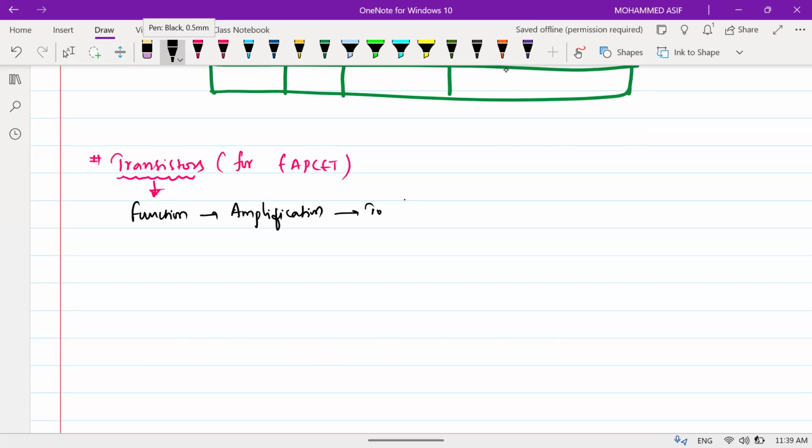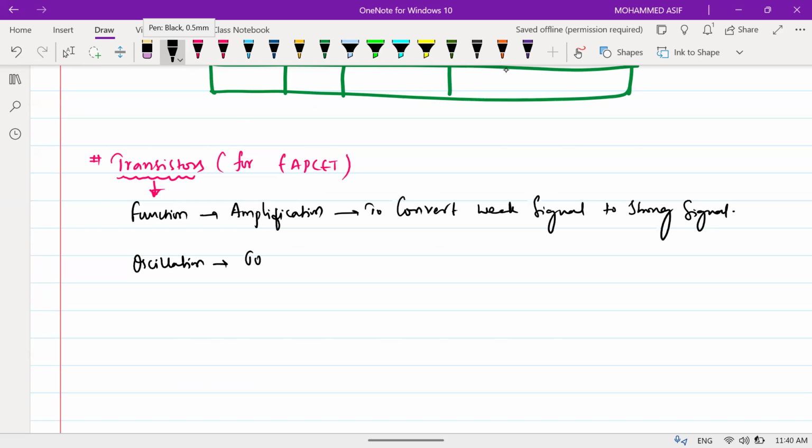It is used to convert your weak signal to strong signal. And oscillation is used to convert AC into DC.